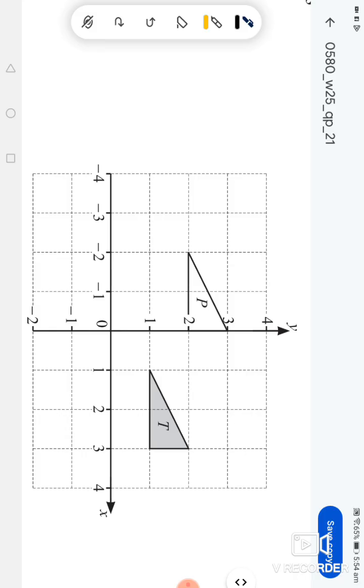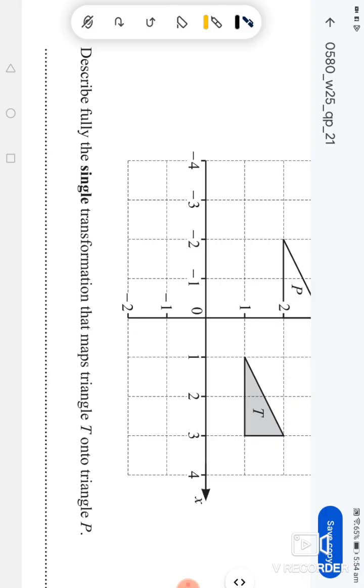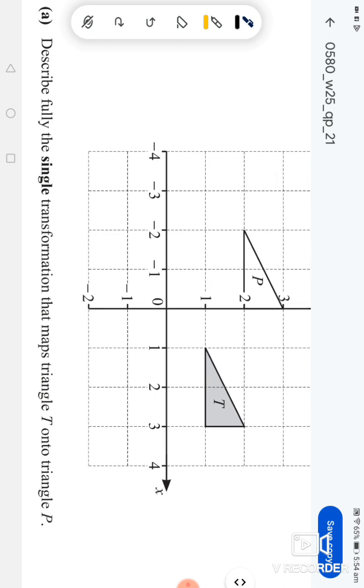Question number 5, that is a transformation. Describe fully the single transformation that maps triangle T onto triangle P. So there is no rotation, no reflection, no enlargement. There is only translation.